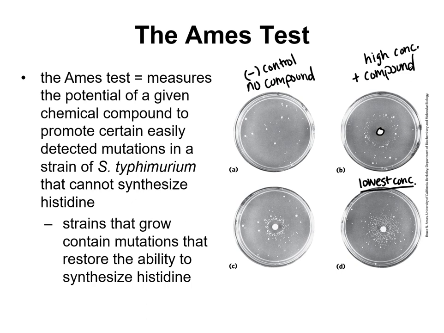I'm going to say that again because I think I may have said it wrong. B is the highest concentration of compound, D is the lowest concentration. So we have a gradient. And what you do is you look at the ability of the bacteria to make mutations and grow on this media that does not contain histidine.